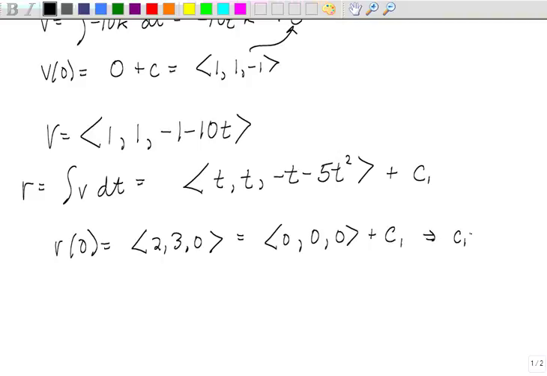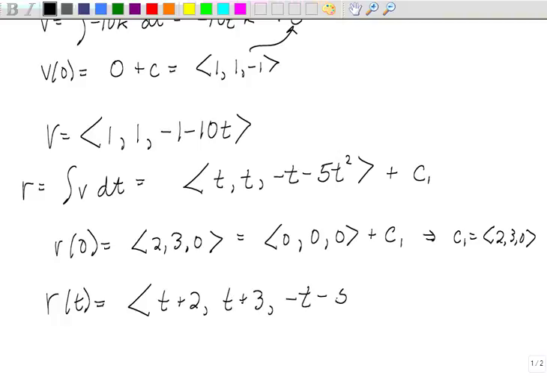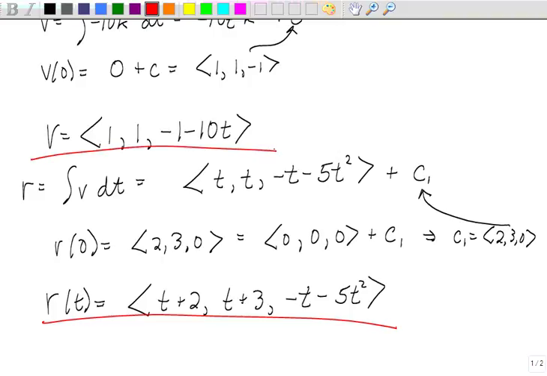So c1 is 2, 3, 0. So r of t is t plus 2, t plus 3, minus t minus 5t squared. I'm just substituting that in for the c1. So there's my position, and here's my velocity vector.